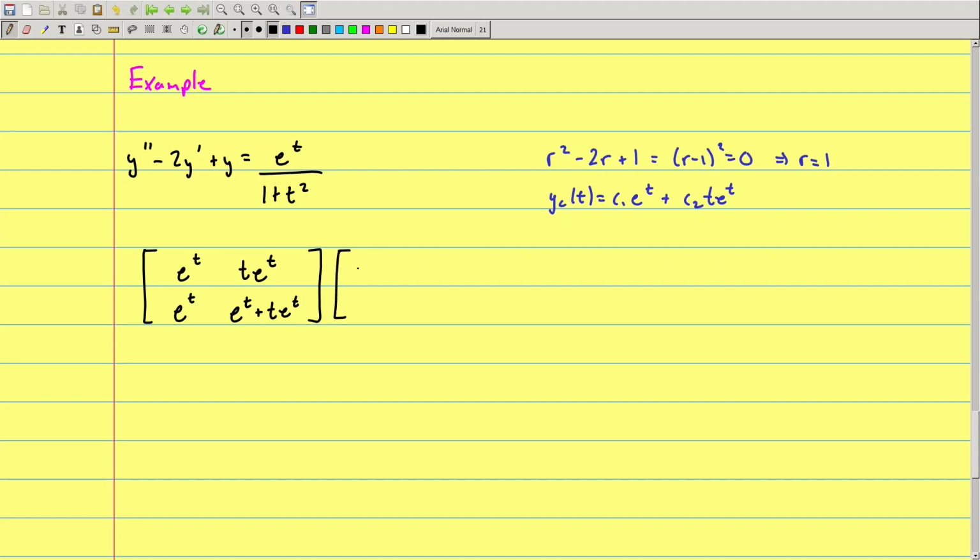We multiply this times the vector u prime, v prime. And the right-hand side is 0 and g of t, which for this problem is e to the t over 1 plus t squared.